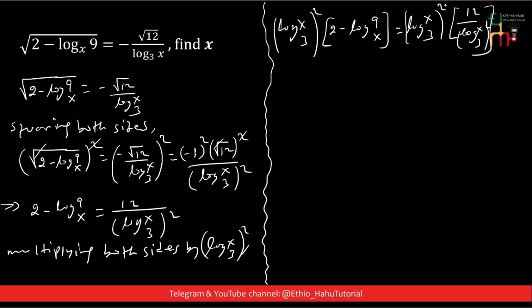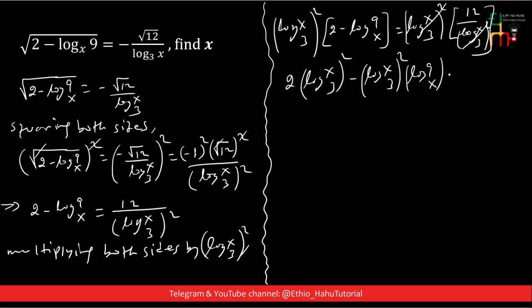Logarithm of x to the base 3 squared cancels. Here we have logarithm of x to the base 3 squared times 2 is 2 times logarithm of x to the base 3 squared, minus logarithm of x to the base 3 squared times logarithm of 9 to the base x is equal to 12.